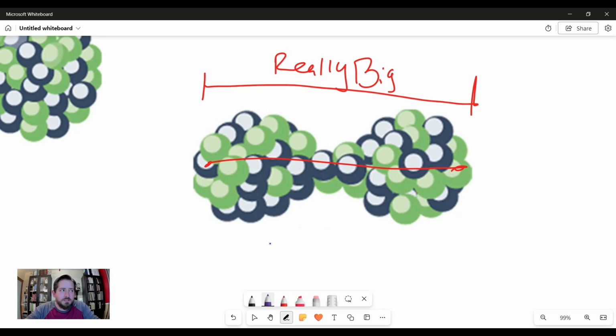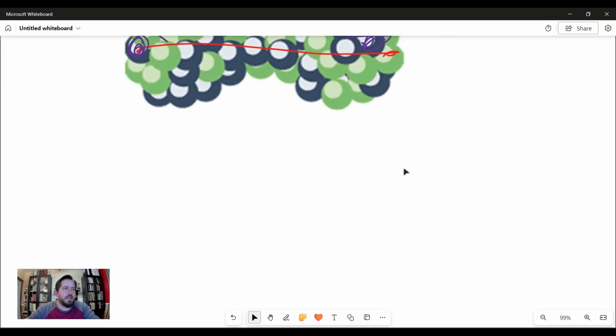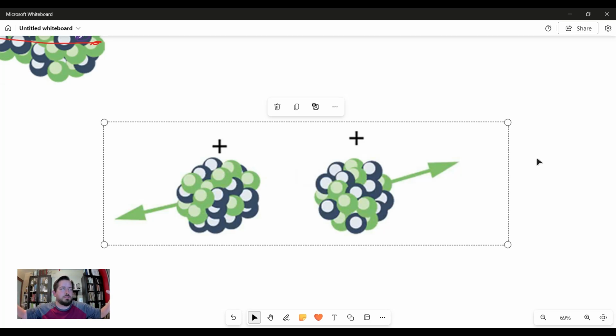And so now the Coulomb force between, say, this proton here and this proton here is large enough that it overpowers the strong force, and these two split, just like a water droplet.